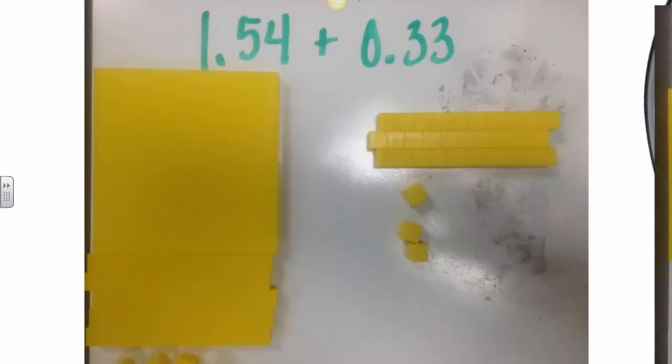To represent 1 and 54/100ths, we have used a flat, 5 rods, and 4 units: 1 whole, 5/10ths, and 4/100ths. 33/100ths is represented with 3 rods and 3 units, which is 3/10ths and 3/100ths.